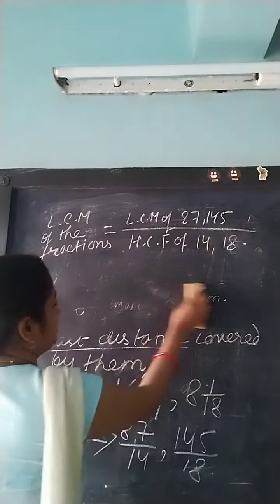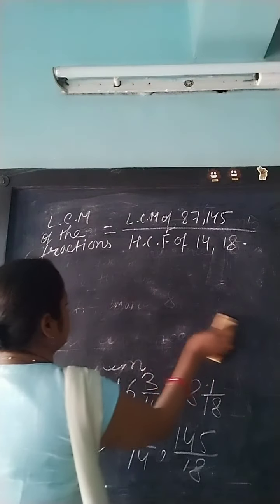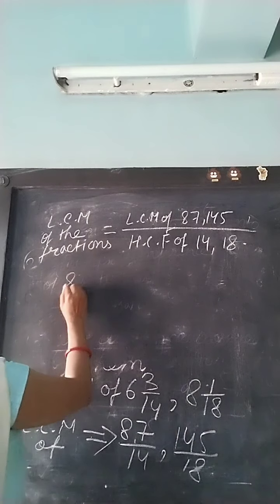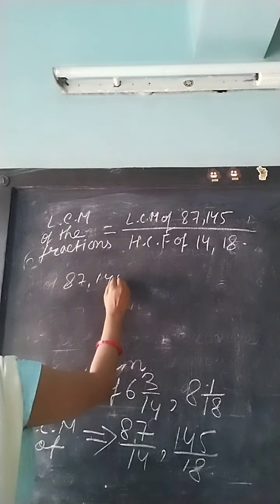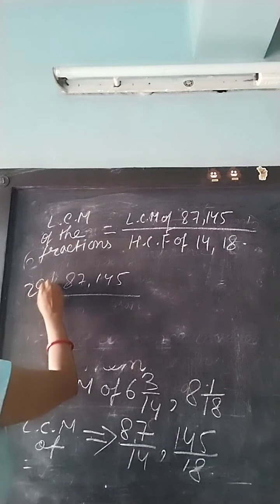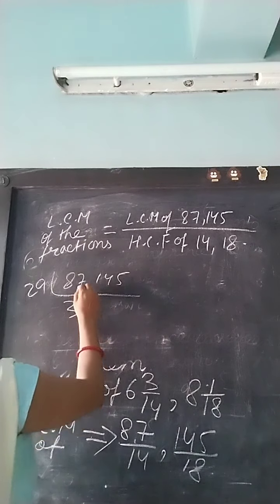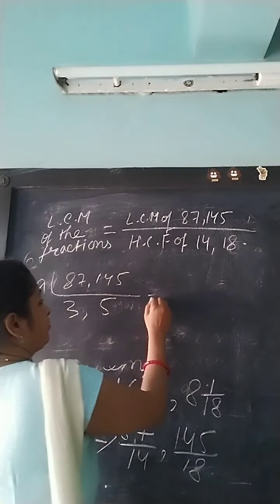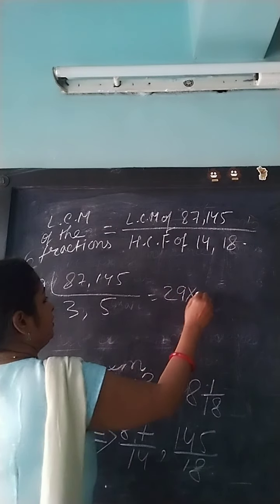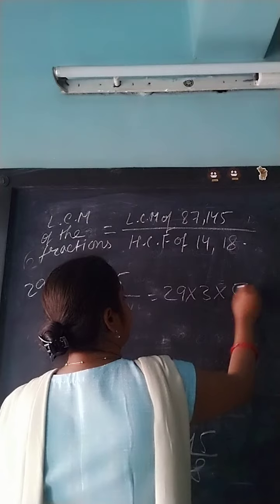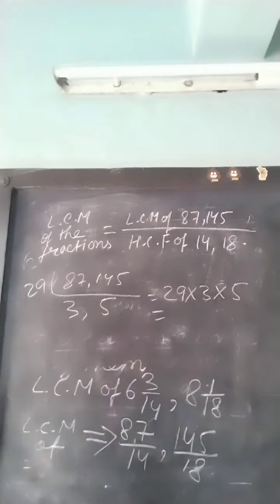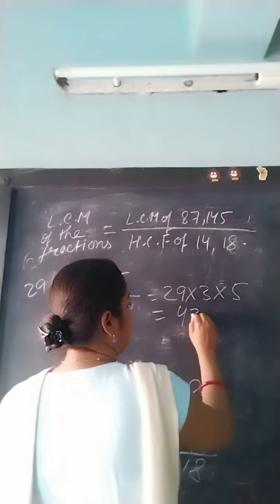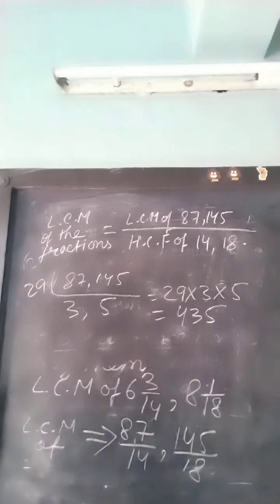If you do the LCM of 87 and 145, you are going to get 29, because 29 into 3 is 87 and 29 into 5 is 145. So LCM is equal to 29 into 3 into 5, that is 29 into 15, which becomes 435.